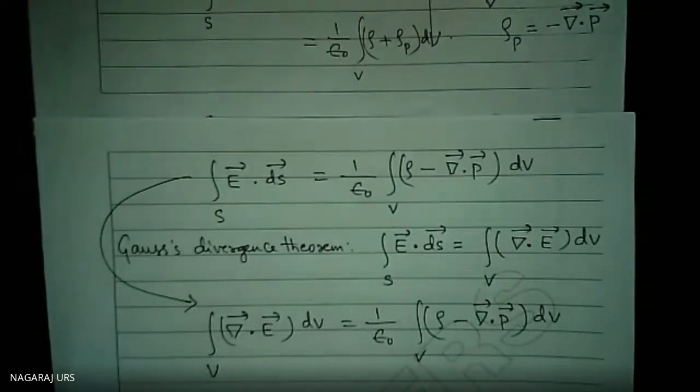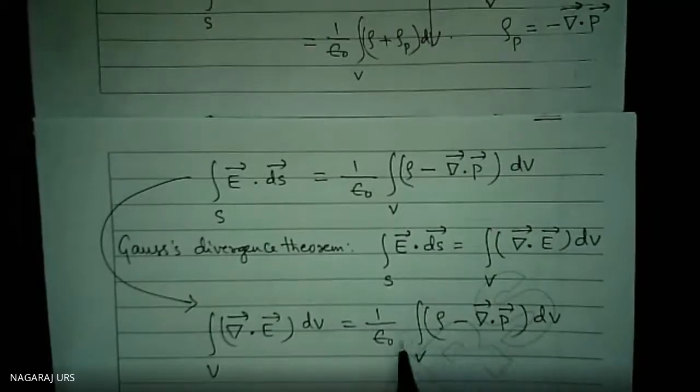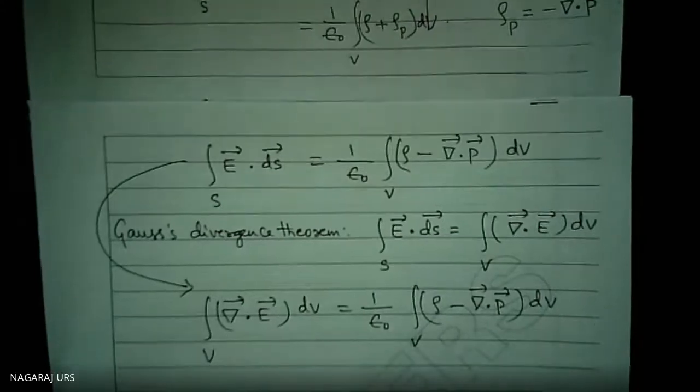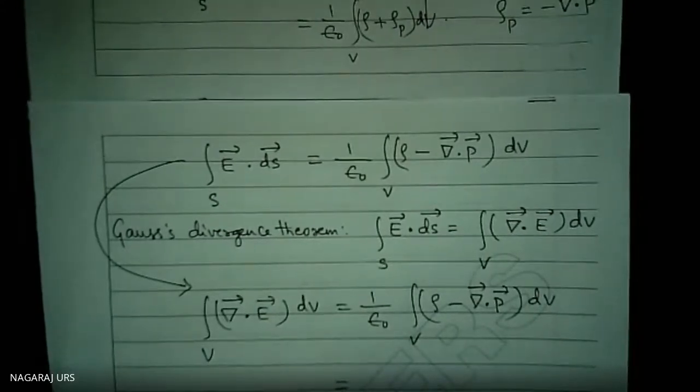Now we can equate easily because both are volume integrals. But after writing the two expressions, only then can we equate. So this can be written as: epsilon naught, which is in the denominator, I will shift from here to here.